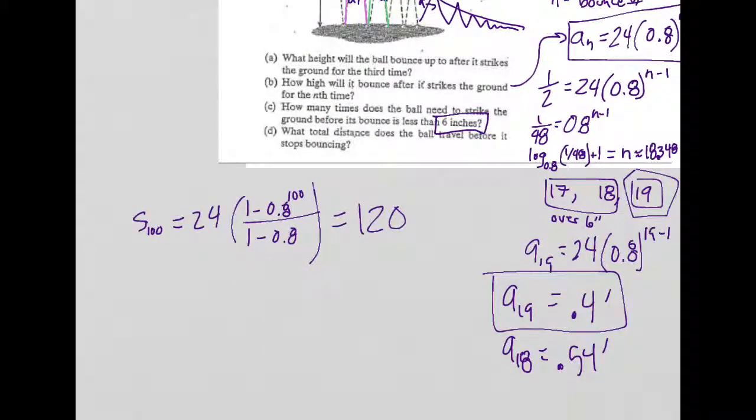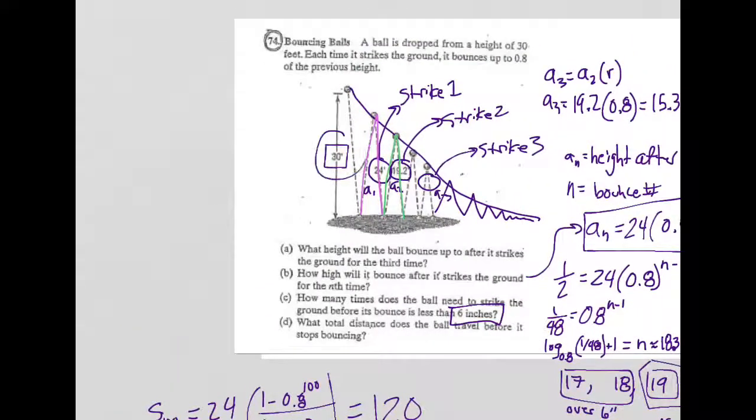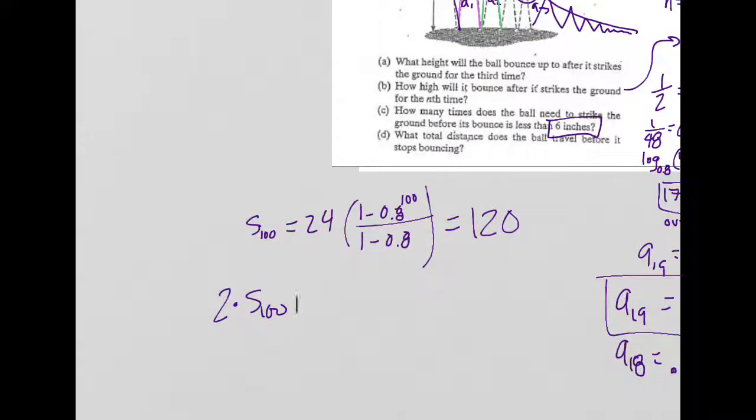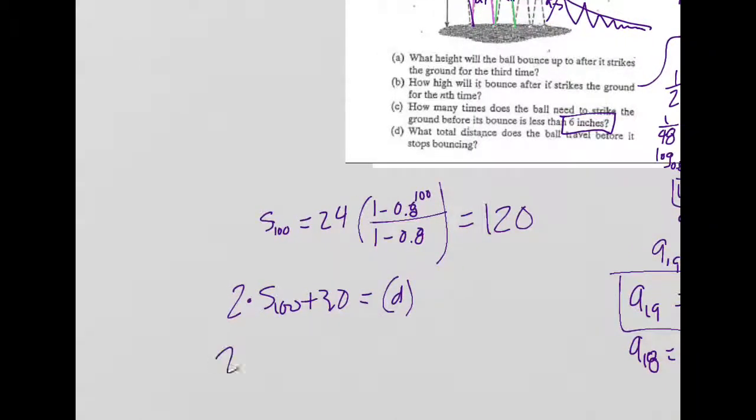So we need to actually take double whatever that sum was for all of those heights, but then we also have that original height of 30 that it traveled down. And so we need to add that 30 to it to get the actual distance traveled for answer D right there. So we need to double the 120, and we need to add 30 to it.